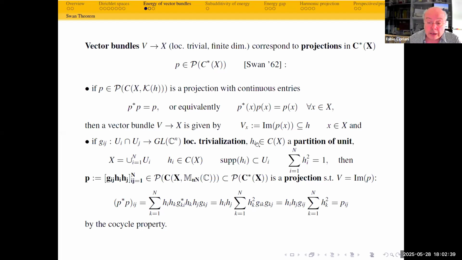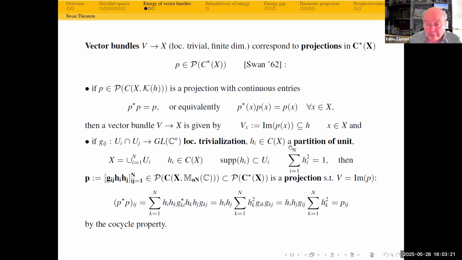In the opposite direction, if we have a locally trivial vector bundle, and we pick up a covering of the space, a partition of unity subordinated to the covering, and a local trivialization for the vector bundle subordinated to the covering, then we consider this element, a matrix of matrices in which we multiply the function h_i by h_j.